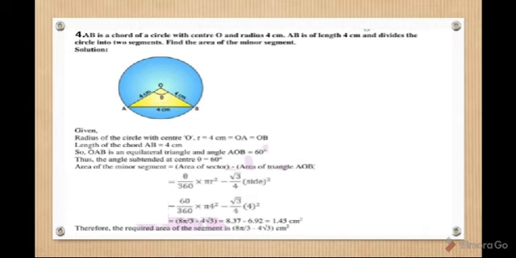So it will be an equilateral triangle. And you know, for equilateral triangle, each and every angle will be 60 degree in measure, right? So this theta will become 60 degree.